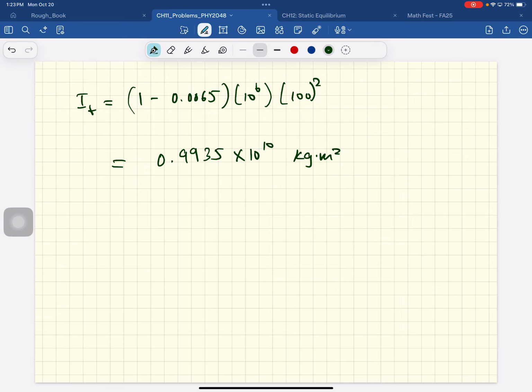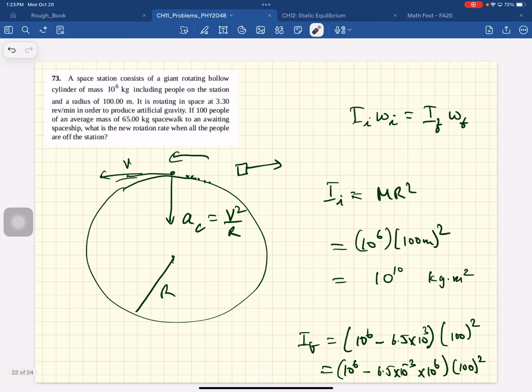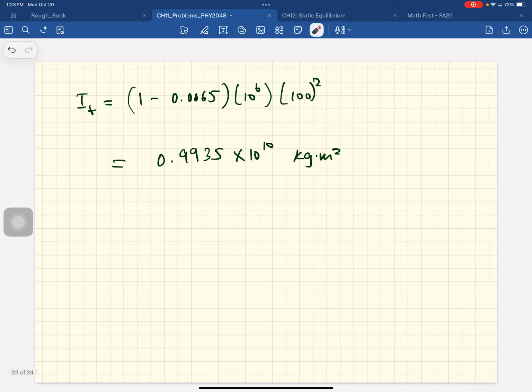All right, so what happened? The initial moment of inertia was 10 to the power 10 kg meter squared, and when 100 people walked away, the moment of inertia reduced to that much times that.